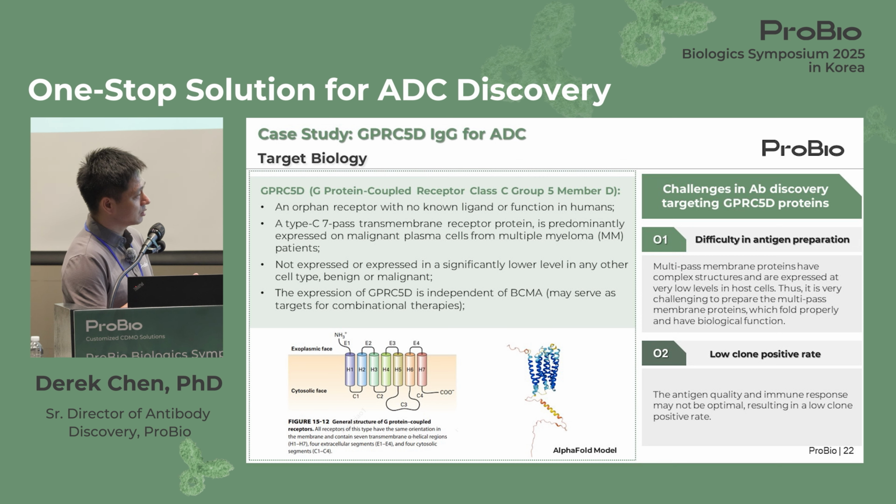It is a typical 7-transmembrane GPCR protein, which is considered a really challenging target because most of the time you cannot produce high-quality recombinant proteins for animal immunization to generate antibodies.